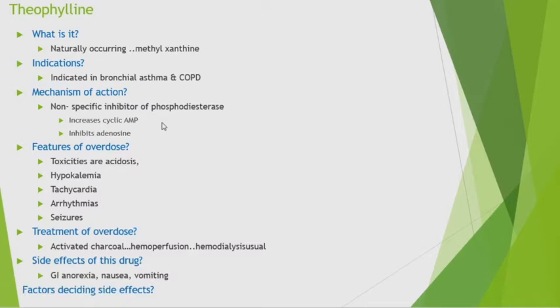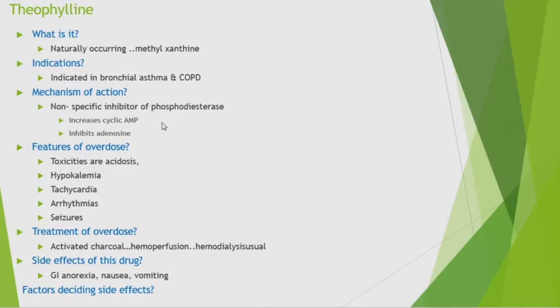And what factors decide the side effects? Who are likely to get side effects? If the patient has AKI or CKD, the drug stays in the blood for so long. That's true. In extremes of ages, it produces problems: small children or elderly citizens.